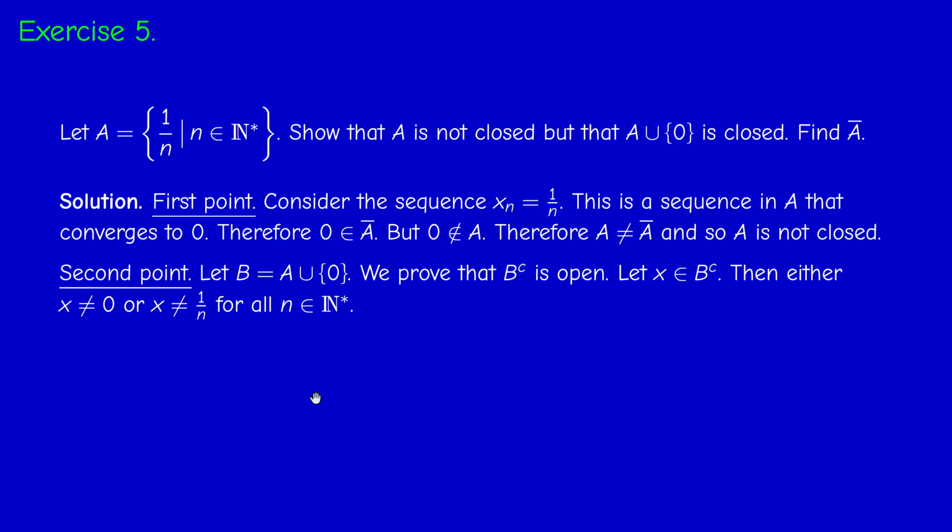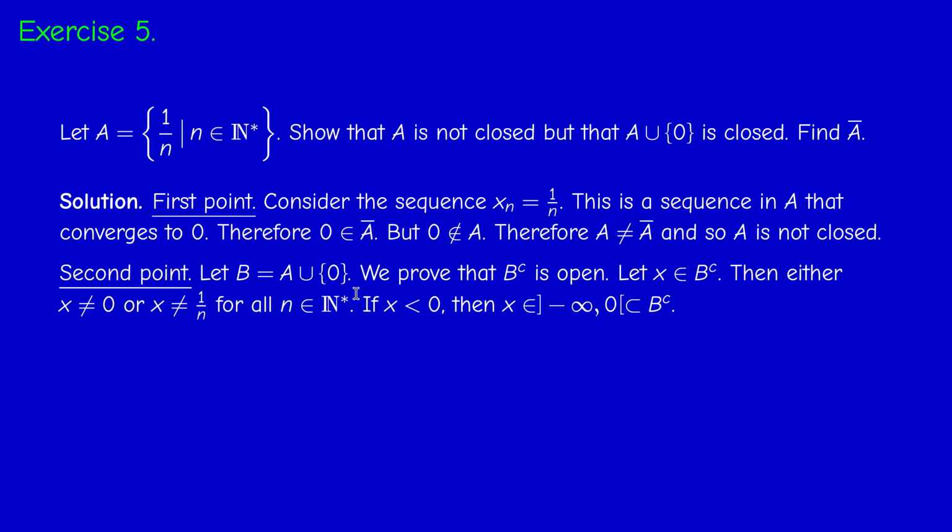Okay, and here we distinguish between three cases. If x is different from 0, then either x is negative or, so we distinguish between three cases. If x is negative, then x belongs to the open interval minus infinity, 0. And this interval is contained in the complement of B, because any negative number is not in A, because A consists of positive numbers.